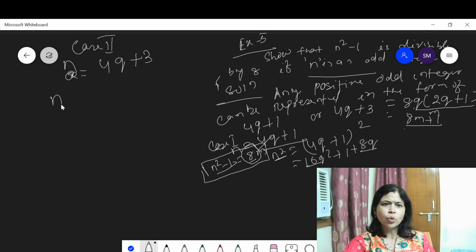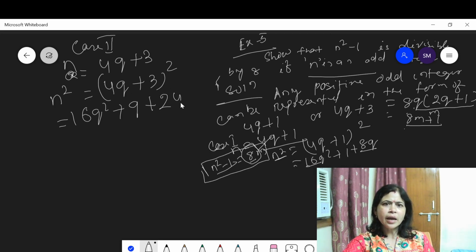Squaring both sides, n square is equal to 4q plus 3 whole square, which is a square plus b square plus 2ab.